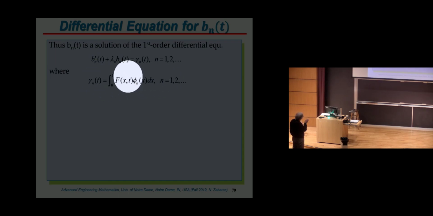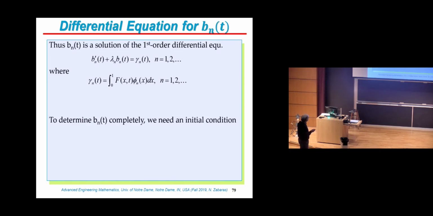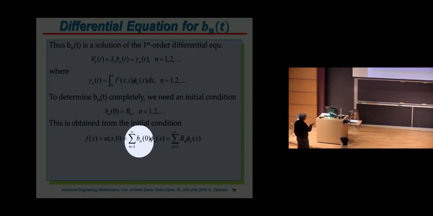But now you may say, oh, wait a second, the right-hand side I know, but to solve an initial value problem, I need initial conditions. How are you going to find Bn at time 0? What are we going to use? The initial temperature of the problem, right? Our temperature expansion is Bn times phi n.